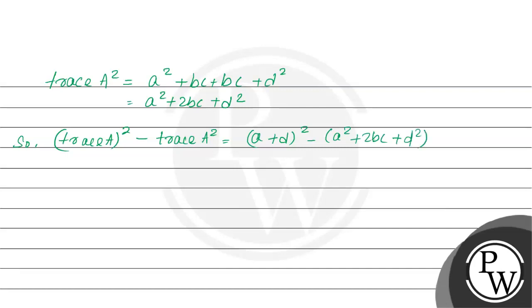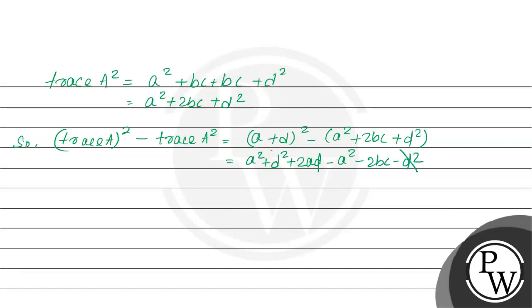So what will (a plus d) whole square become? a square plus d square plus 2ad, minus, opening the bracket, a square minus 2bc minus d square.